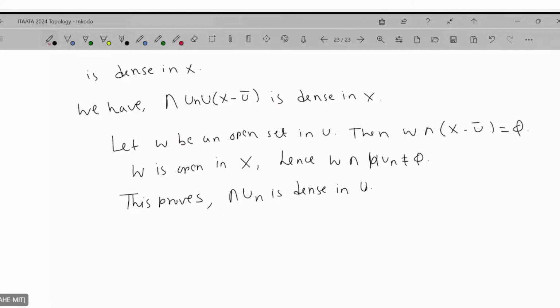Hence W intersection this part should be non-empty. So this is dense in U, because W is any open set in U and its intersection with this is non-empty. So this proves that this intersection is dense in U. Right. So in this proof, the only thing missing is that you have to show that this is dense in X.